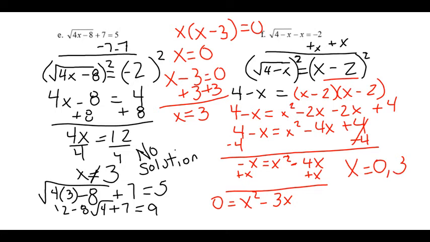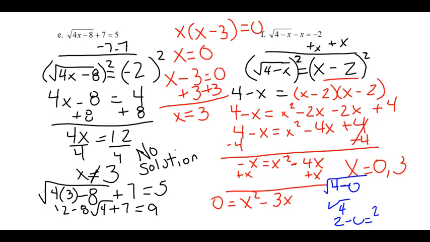Let's test them out. So 4 minus 0, we go to blue so we can see it. 4 minus 0 is 4. So the square root of 4 is 2 minus 0. Doesn't equal a negative 2, it equals a positive 2.